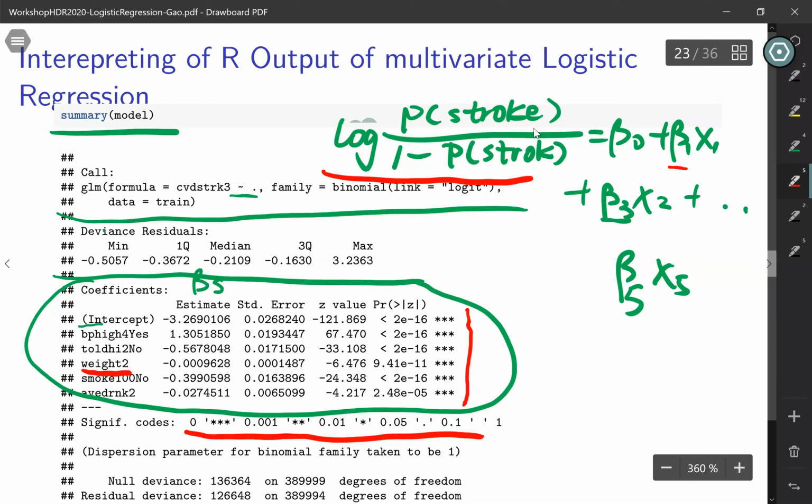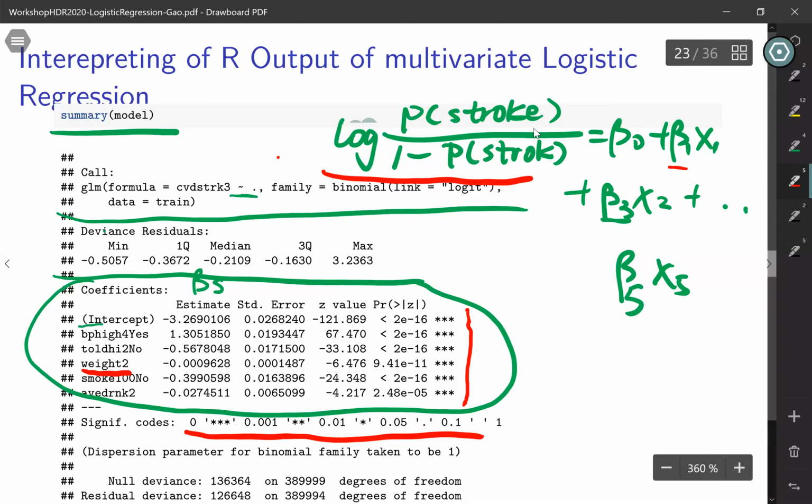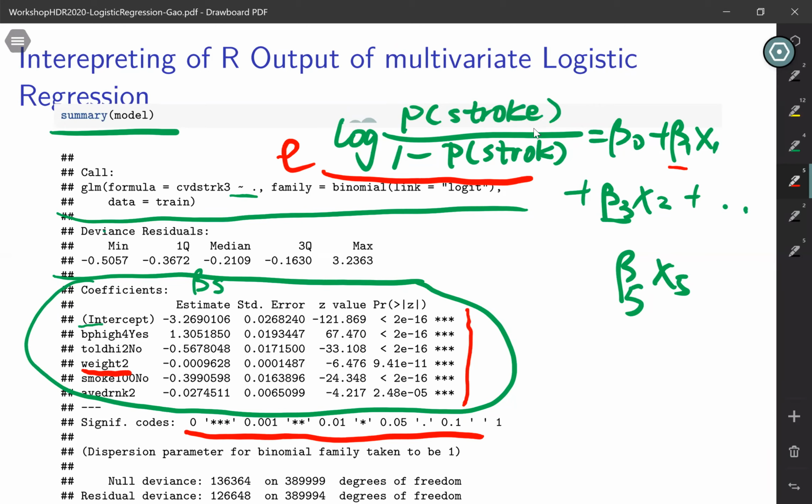But if you interpret it that way, people would still get confused about what log odds are. So to avoid that, we exponentiate each of the coefficient numbers. See why we do that? If you exponentiate, keeping the others the same, you are getting rid of the log, so the left side is just odds. Odds are easier to understand.